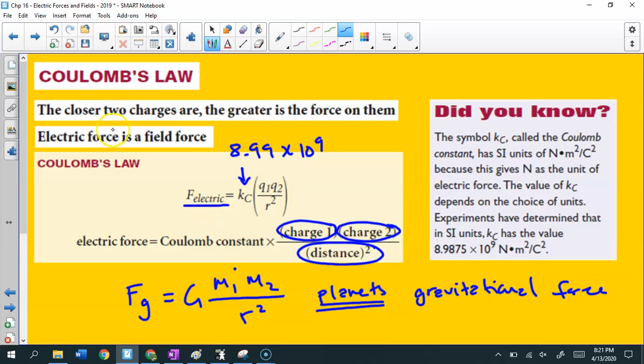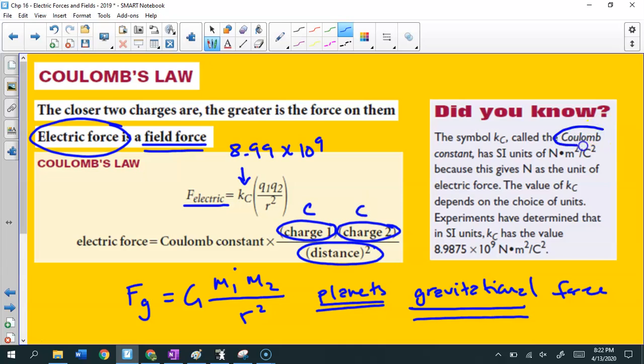So you're calculating for the electric force, which we discover is also a field force, just like the gravitational force is a field force. If you forgot what a field force is, it basically means that two things don't need to be touching for there to be a force between them. Each of the charges is measured in a unit called coulombs, all right? And we talked about that in the last lesson. And here's something that I had asked you to go check up on.